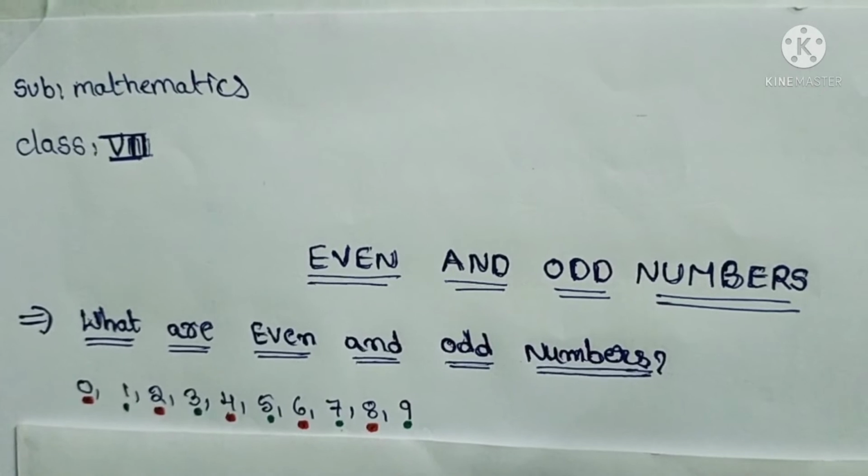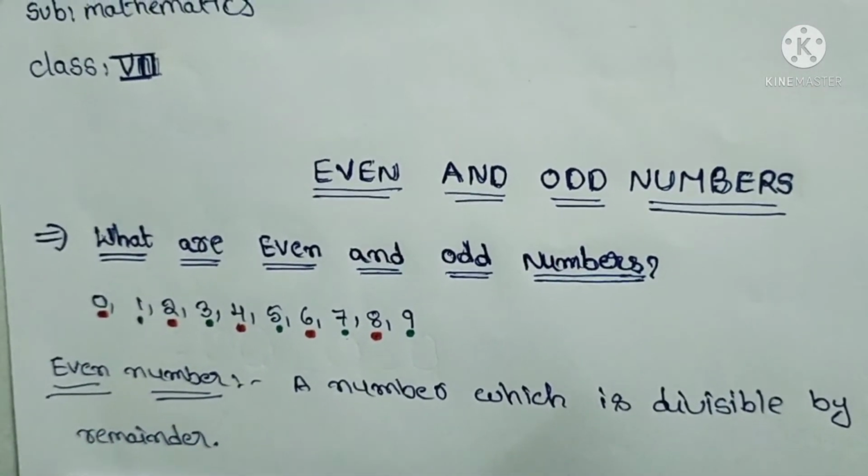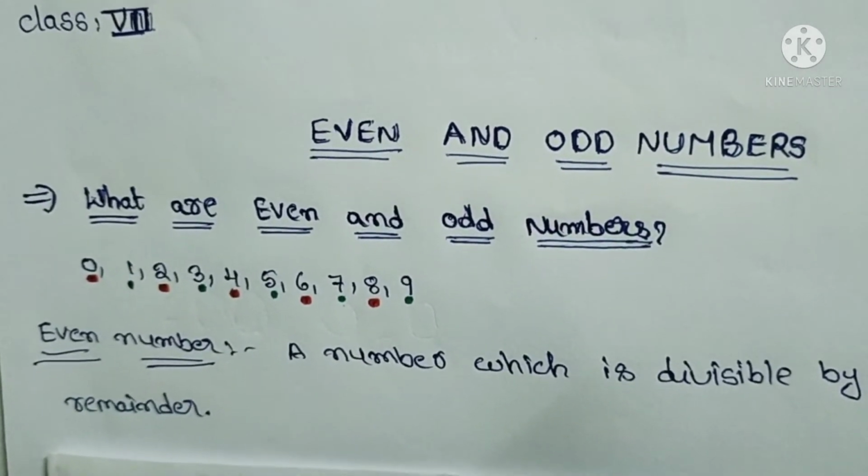The definition of an even number is a number which is divisible by 2 with no remainder.